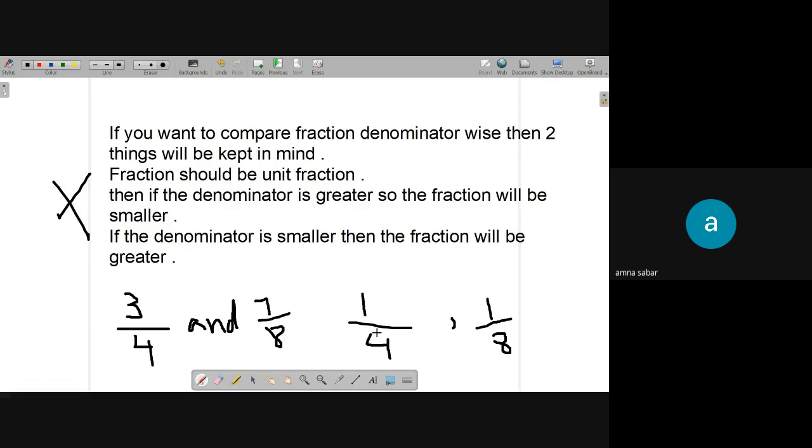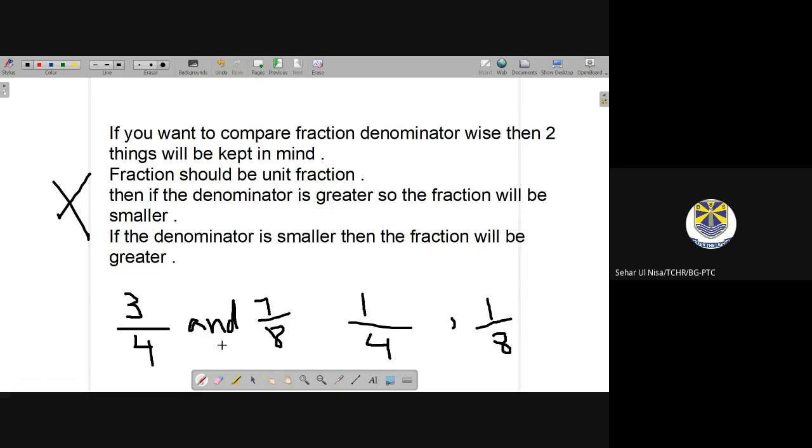We can only compare unit fractions? Yes, in this method, if the numerator is 1, then you can say the greater denominator means the smaller fraction. But if there is something else in the numerator, you will not apply this trick.